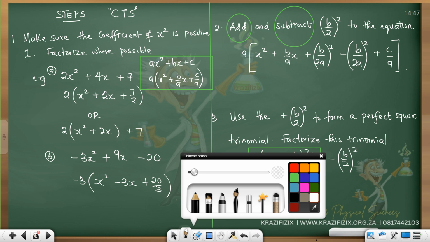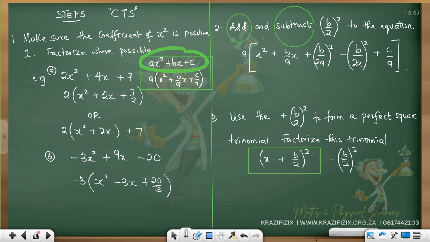All right, let me repeat what I just did. So, we have this. Make sure the coefficient of x squared is positive 1. So we brought out the a. So basically we're dividing everything by a, by a, by a. We have that. Step 2. Add and subtract the coefficient of x. All right?